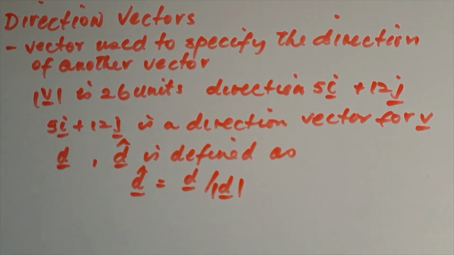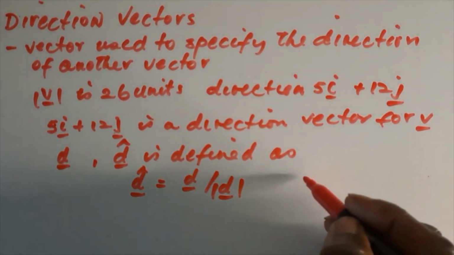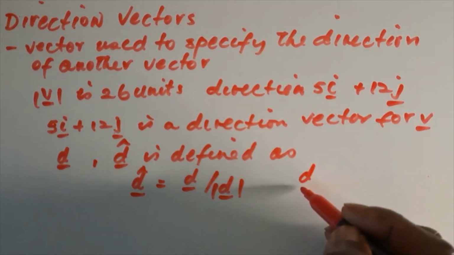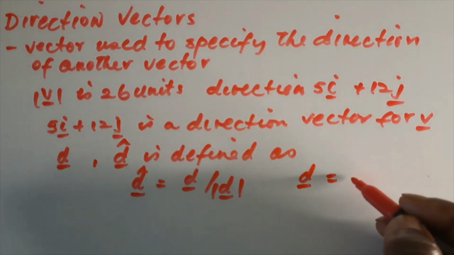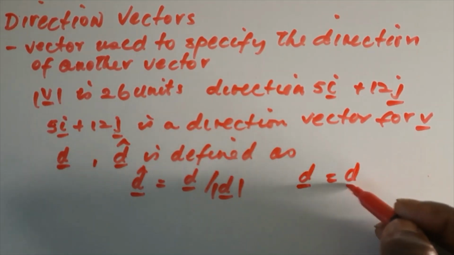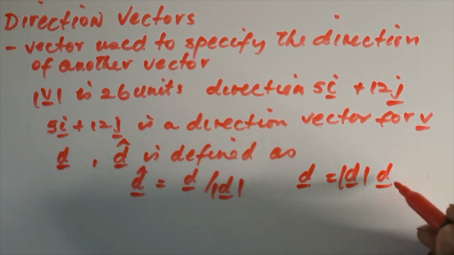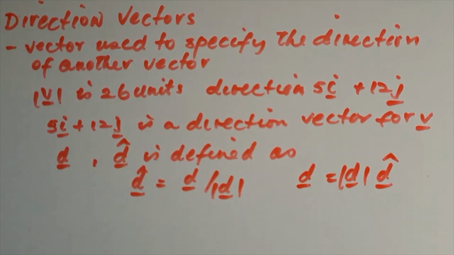Remember in our previous video, if we have the vector d, it's a product of its unit vector and the magnitude. So all we've done is rearrange a similar expression. As in a previous video, d is the product of the magnitude of d times the unit vector. We'll just rearrange that.